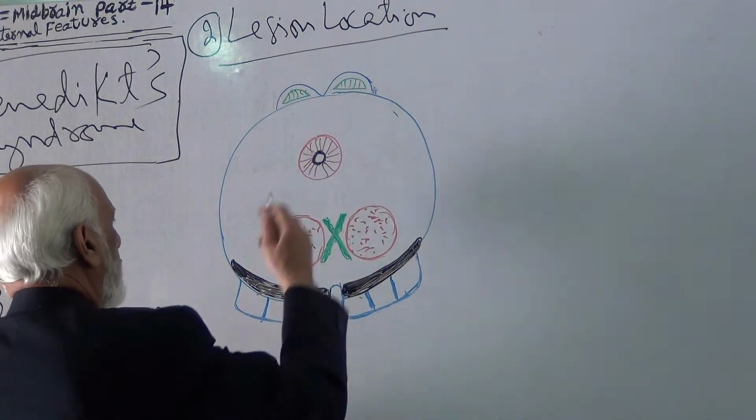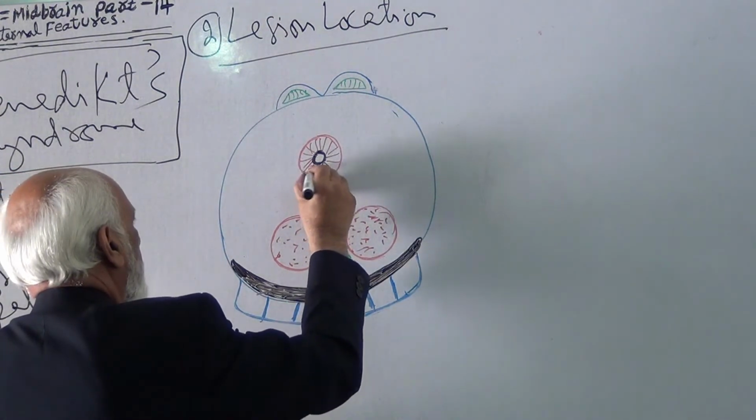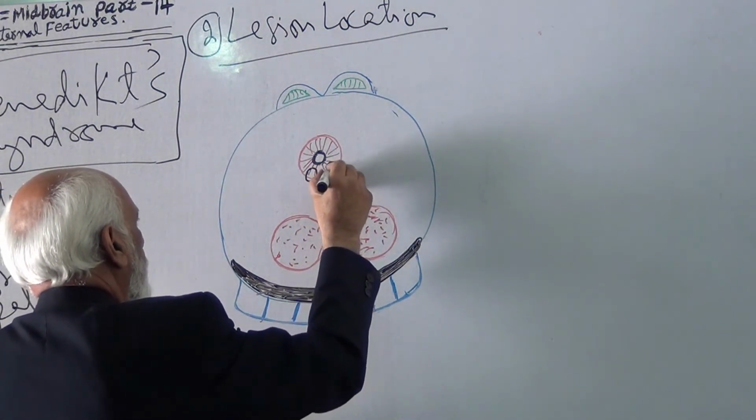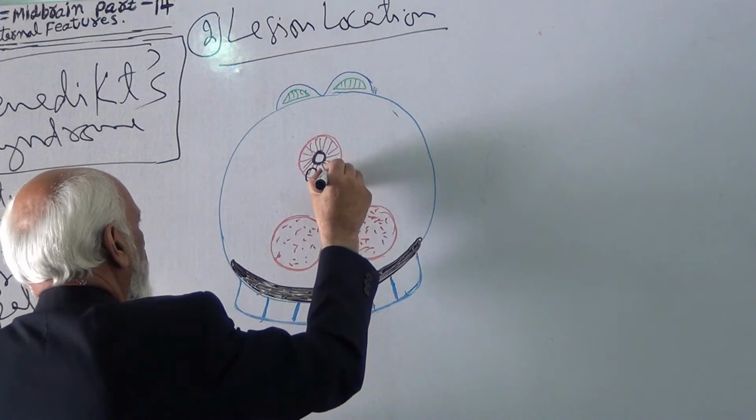At this level, in the central gray matter, are the nuclei of the oculomotor nerve on each side.